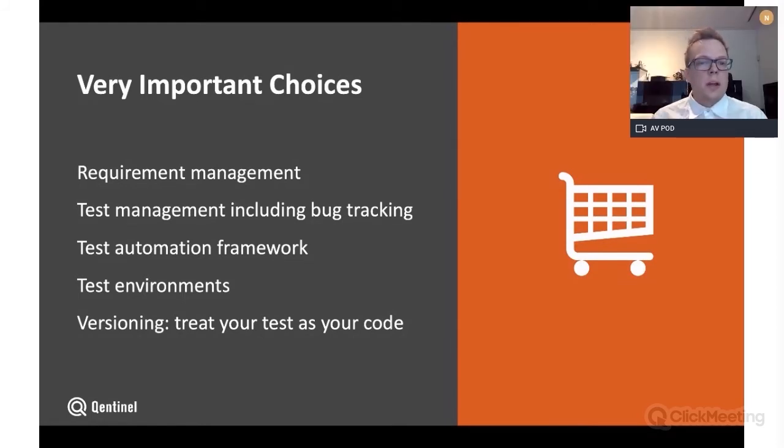For example, test management, including bug tracking, might be a wall that you have with post-it notes on it. It's a tool for you. It's not a software tool. And same with test automation frameworks, there's a lot of good stuff available from GitHub or somewhere else, but you might also do your own in there. But building on the work of others, for example, from the open source community, makes those tasks much easier.